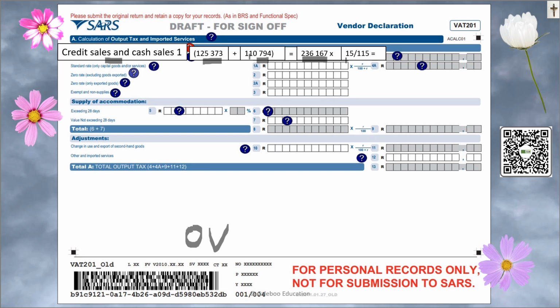Multiply by 15, divide by 115 is equal to. So the output VAT from both the cash and credit sales is 30,804 and 39 cents. So from sales, cash and credit, output VAT is 30,804.